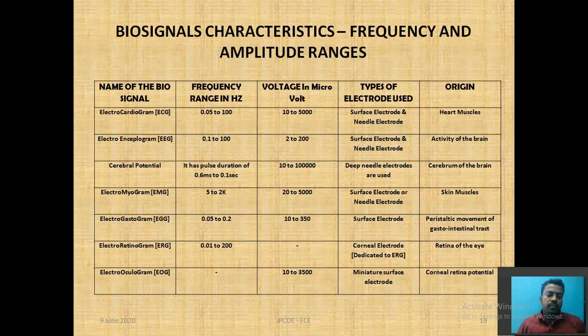Then the last one is the electrooculogram, EOG. This is also related to the human eye. Here the frequency is not considered; we consider the voltage, which ranges from 10 to 3500 microvolt. EOG is measured by a miniature, very small surface electrode.